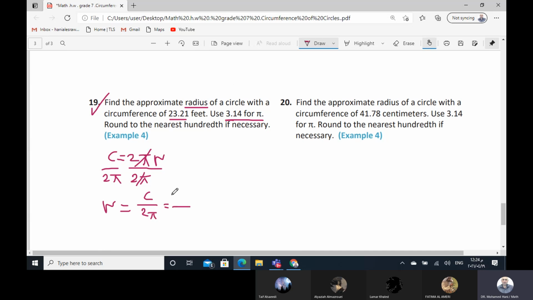So C equals 23.21 over 2 times pi, which means 2 times 3.14.